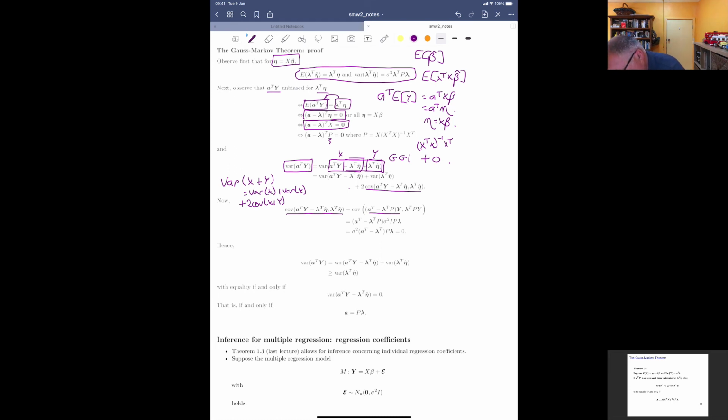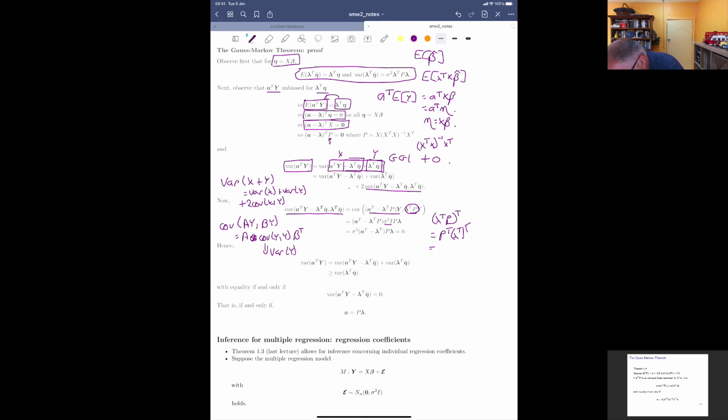But the next stage is complicated because what I've done is I used that the covariance of AY and BY is equal to A, the covariance of Y, Y, B transpose. And the covariance of a random variable with itself is the variance of Y. So here's the variance of Y. I took this constant and I went lambda transpose P transpose is P transpose lambda transpose transpose.